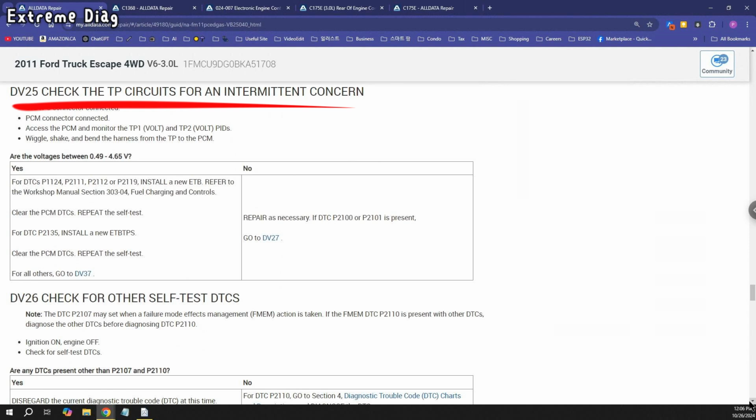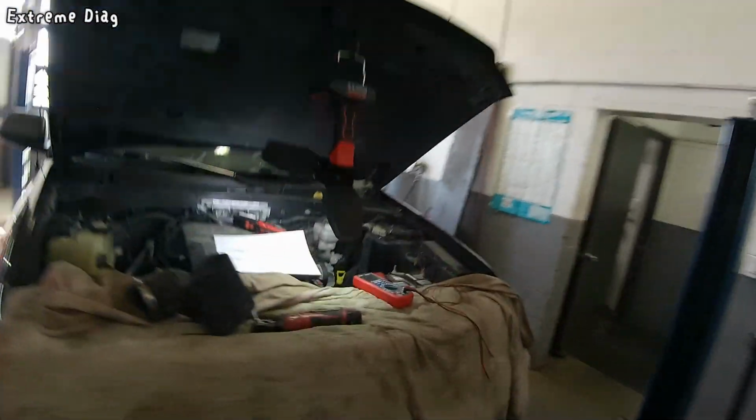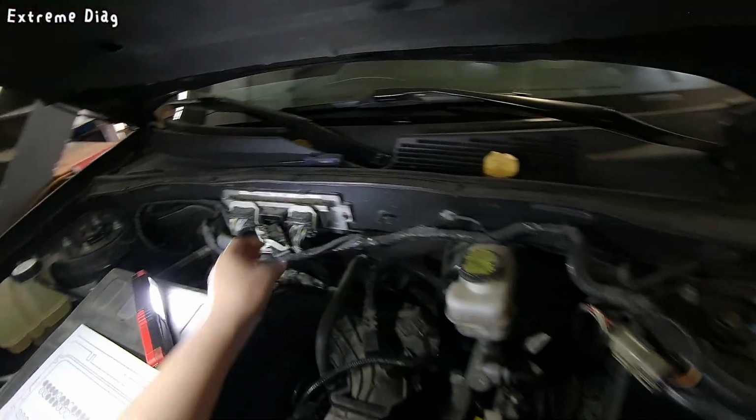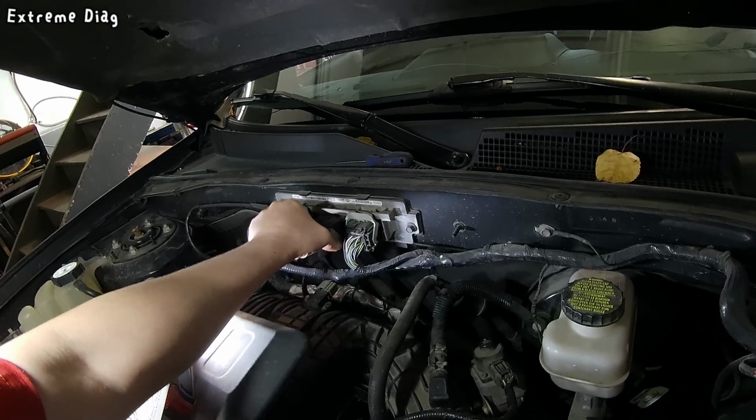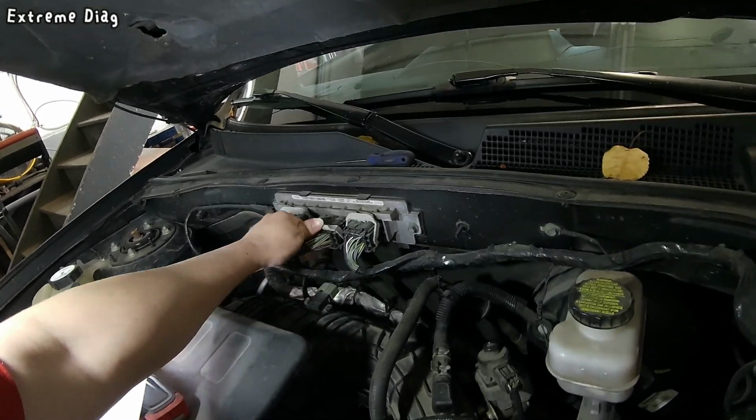DV25 says to check for intermittent issues in the throttle body wiring, by manually shaking the throttle body wiring while monitoring TP1 and TP2 data values on the scan tool. Reconnect the PCM and throttle body connectors.